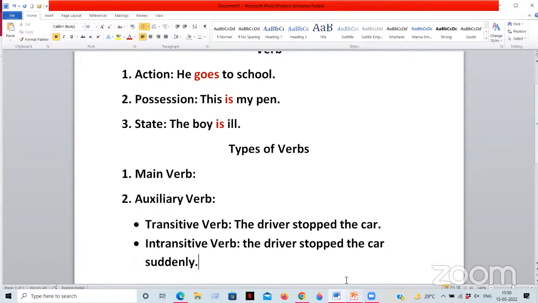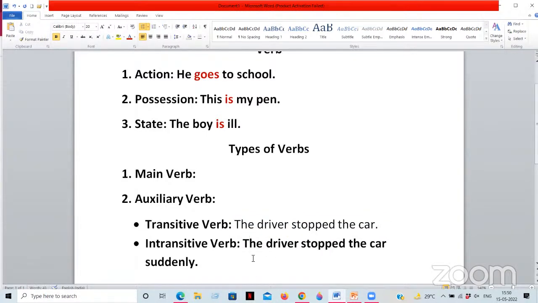When a verb takes an object, that will be called a transitive verb. When it does not take an object, it will be called an intransitive verb. So in this example, you will find that this sentence has an object with it, but the next sentence doesn't have an object.